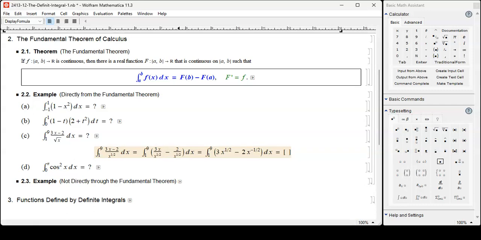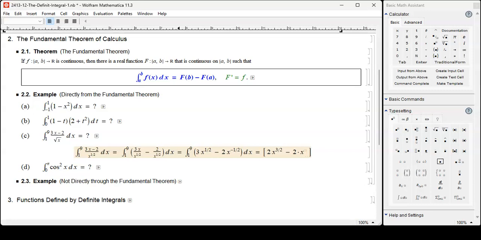And then let's go ahead, find the antiderivative. 3 times x to the, let's see, add 1 to the power, 3/2, and then we have to divide. Simplifying, looks like you're going to get just 2 times x to the 3/2 power. Please check. And then the next one, 2 was there before.